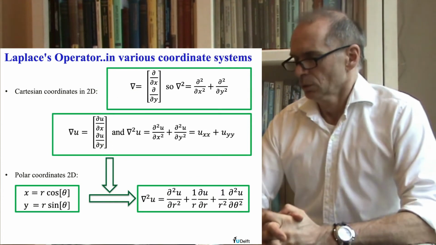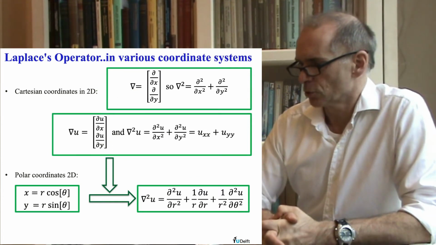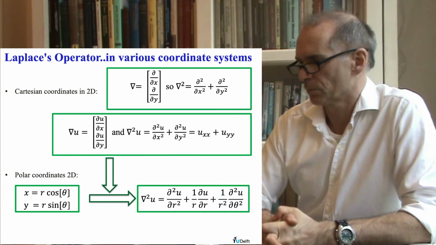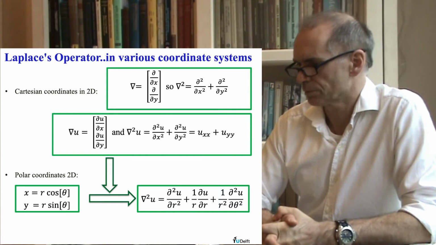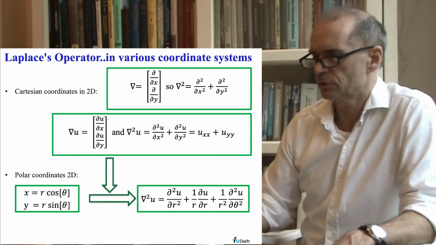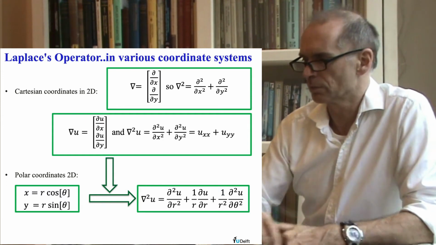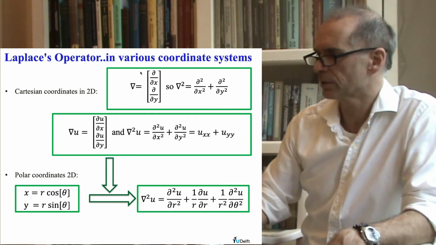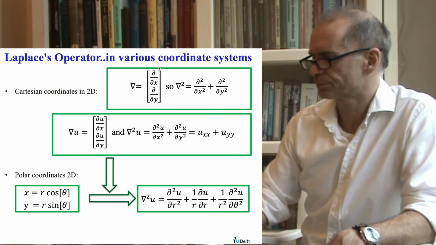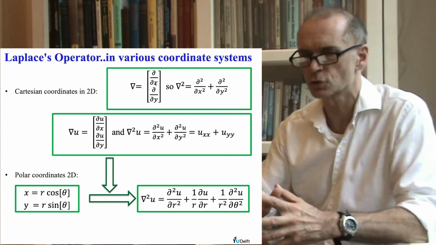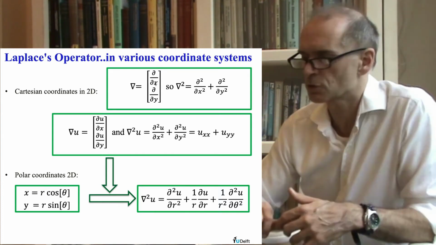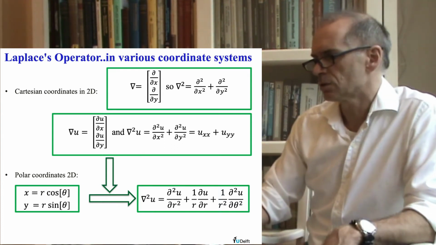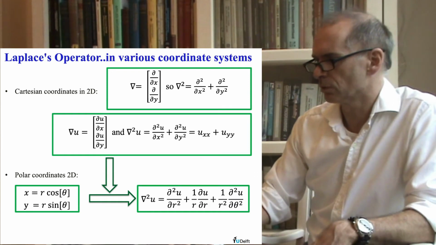Well, what does Laplace's operator then look like in various coordinate systems? If you would have Cartesian coordinates in two dimensions, you would have x and y, and then the gradient operator is like a vector operator. It has two components: the first component is the partial derivative with respect to x, and the second is the partial derivative with respect to y.